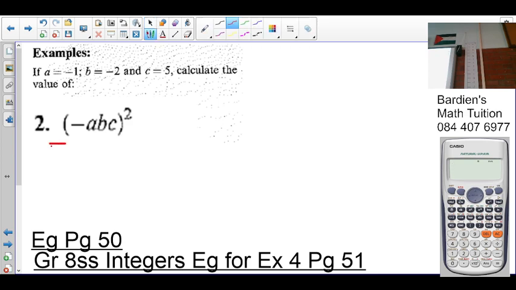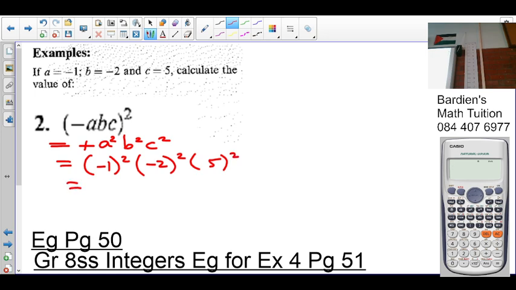Negative to an even exponent will be positive. So A squared, B squared, C squared. That positive I don't need there. So what's the value for A? It's negative 1 squared times negative 2 squared times 5 squared.